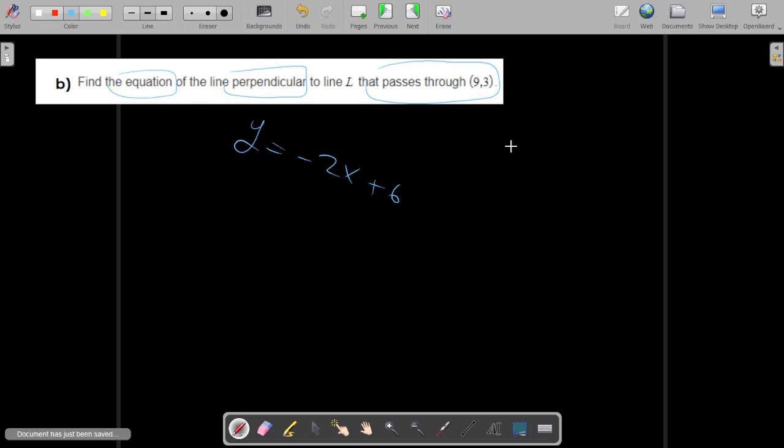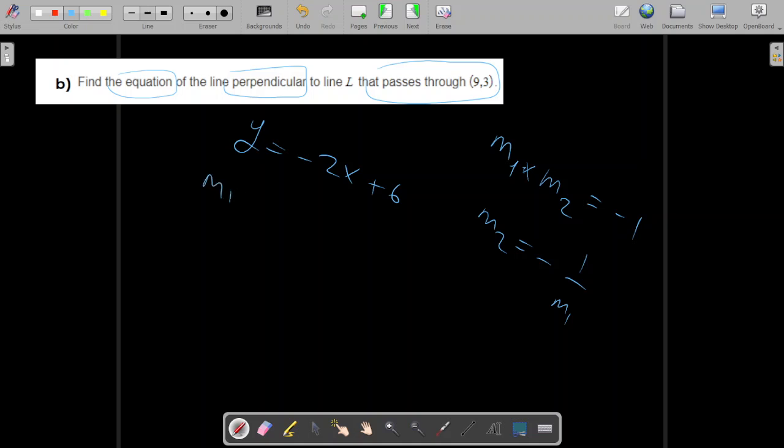There is a rule saying that the product of the gradients of two perpendicular lines is always equal to minus 1. What is the meaning of that? It means that the gradient of the other line is going to be equal to minus 1 over the gradient of the first line.